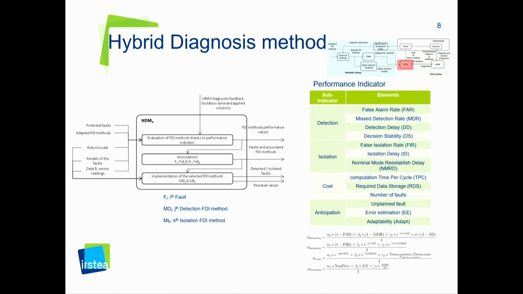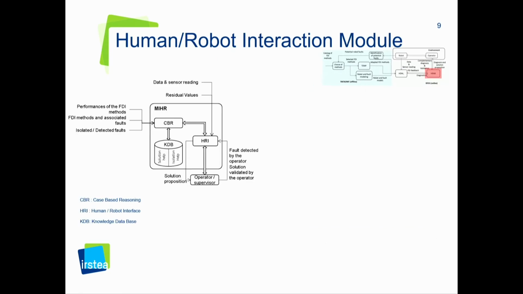To ensure a good comparison, we have proposed, not totally, a performance indicator. This is a brief form. It is composed of 4 sub-indicators: detection, isolation, cost, and anticipation. This serves to ensure an objective comparison between methods. Now, the human-robot interaction module.